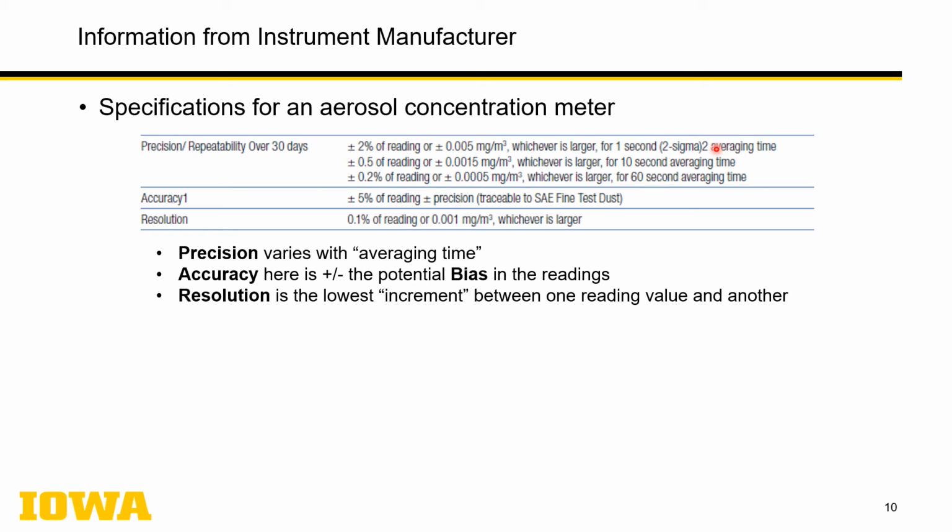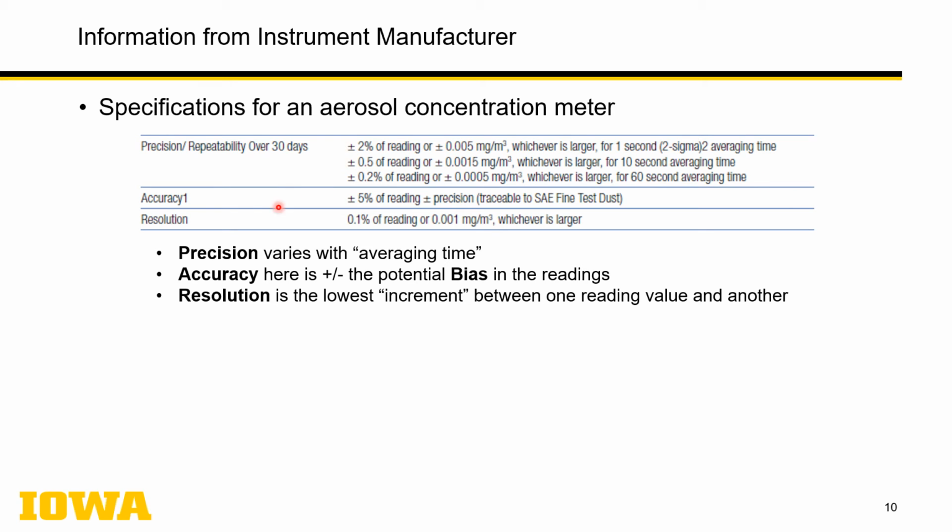So it's not as precise when it's trying to give you a value as quickly as possible. It gets more precise, 0.2%, when it is allowed to think longer, so to speak, or include more measurements, which makes sense, a 60-second averaging time.